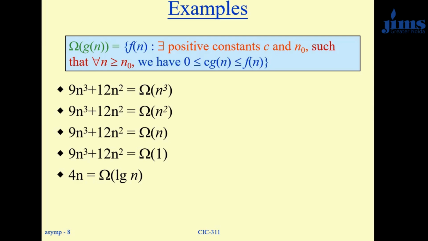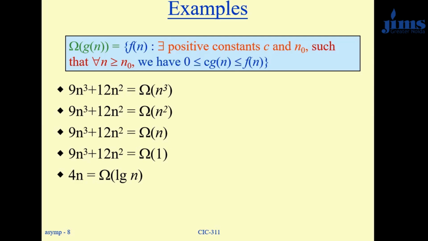In the last example, we say that f(n) equals omega of log n. We know that the rate of growth of the function log n is much smaller than the linear function. In this case, the linear function is 4n. Since the rate of growth of 4n is greater than the rate of growth of log n, log n will be acting as the lower bound of the function 4n, however large a value of c we may take.